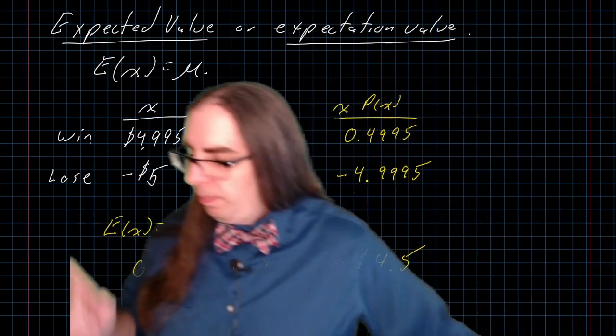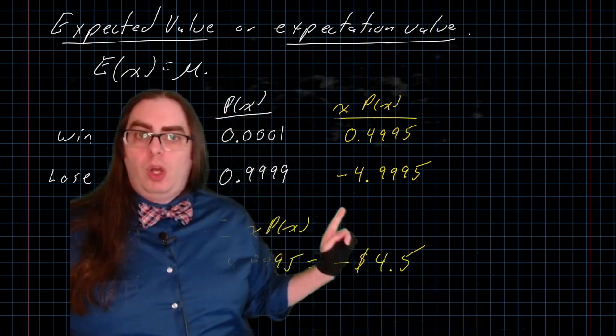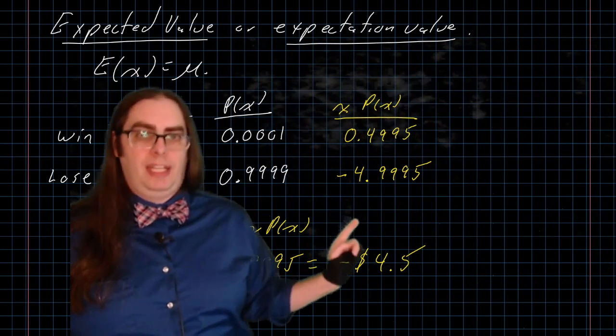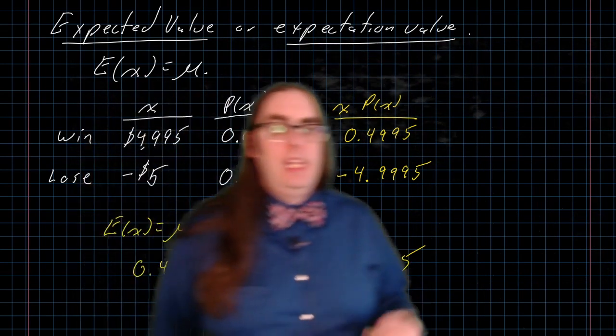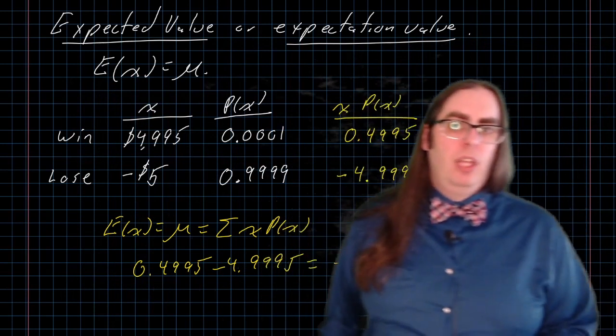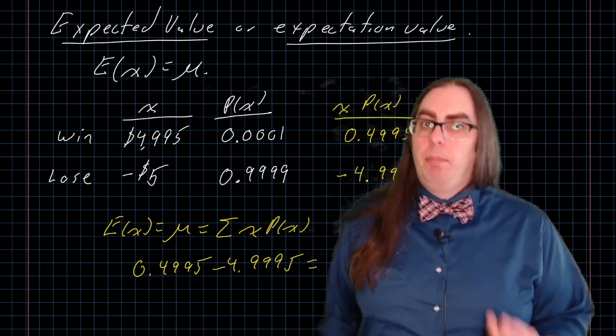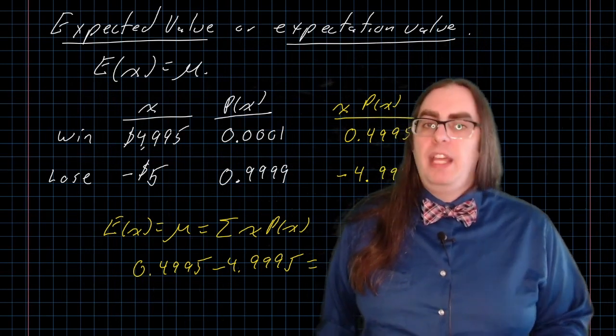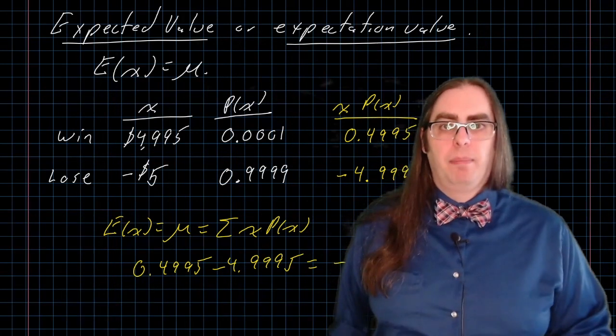And so, often the thing that we really care about on these problems is positive or negative. If the expected value is negative, that means that you lose money most of the time. If the expected value is positive, that means you earn money most of the time.